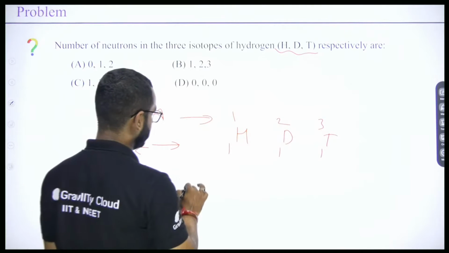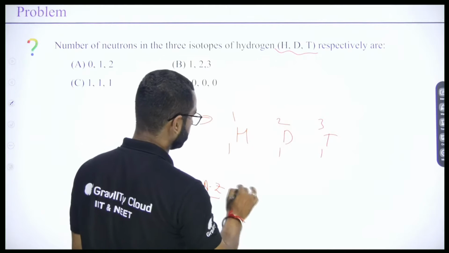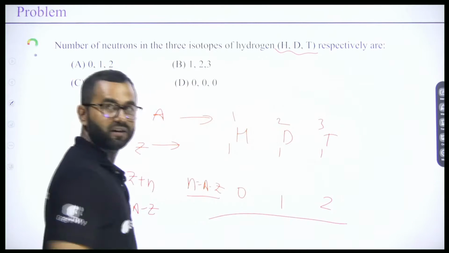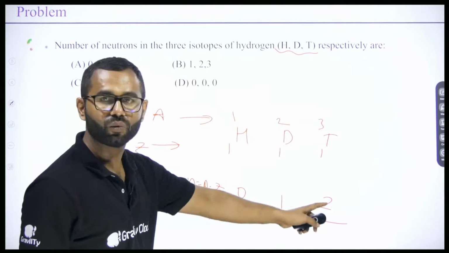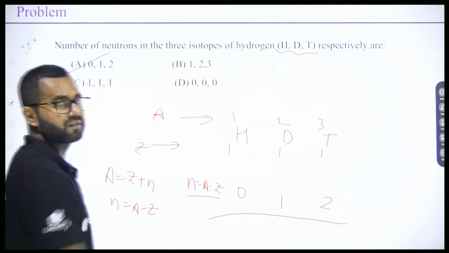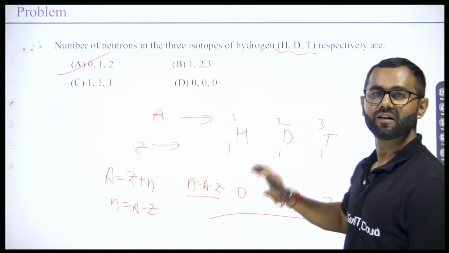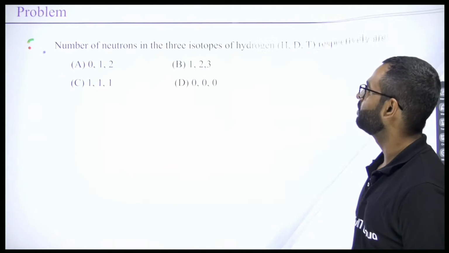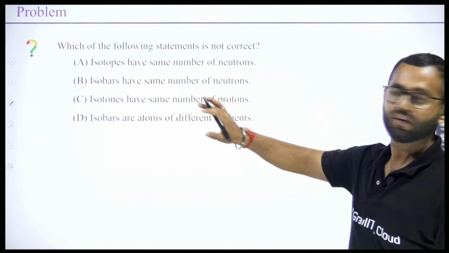So here 1 minus 1 is 0, 2 minus 1 is 1, 3 minus 1 is 2. For H, D, T, the number of neutrons is 0, 1, 2. Answer A: 0, 1, 2. Right? Easy peasy. Chalo. Next one.